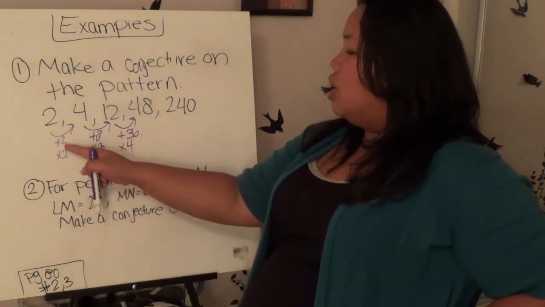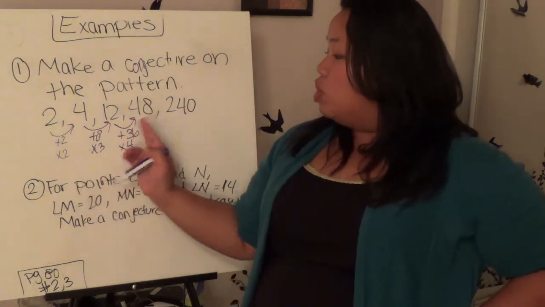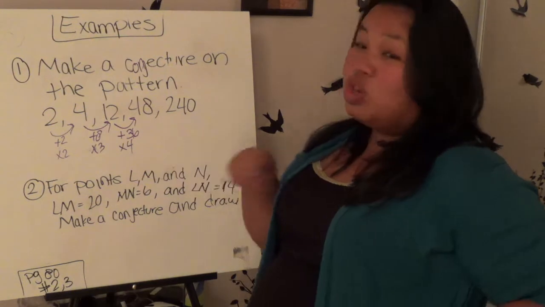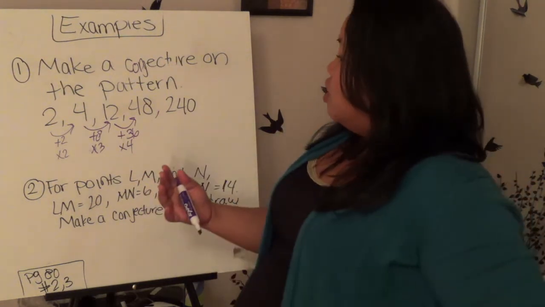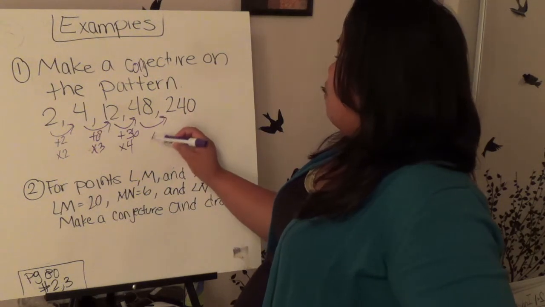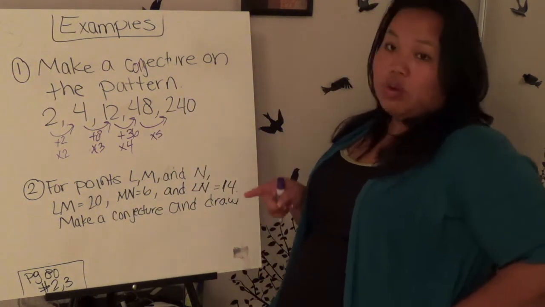So obviously, right now we don't see a pattern with the addition. But we do see a pattern with the multiplication. You multiply by 2, then 3, then 4. So your next guess, okay, would be to multiply by 5. So let's see. 48 times 5 is indeed 240.